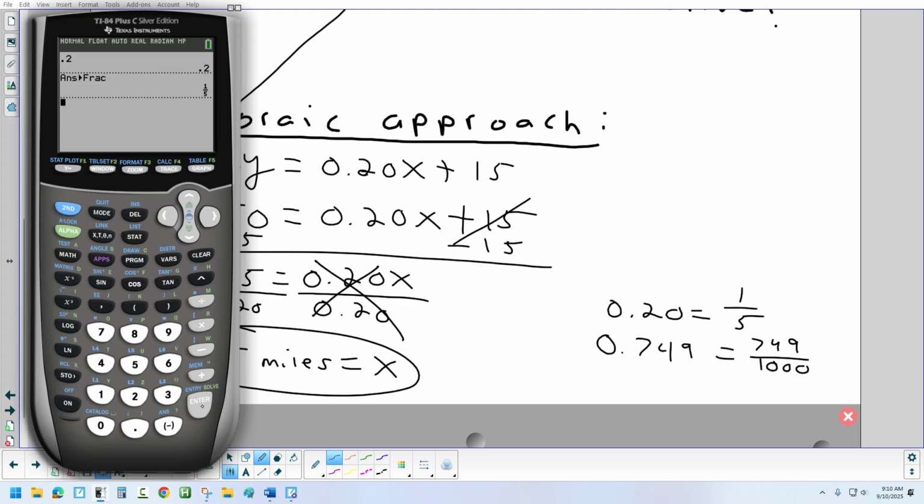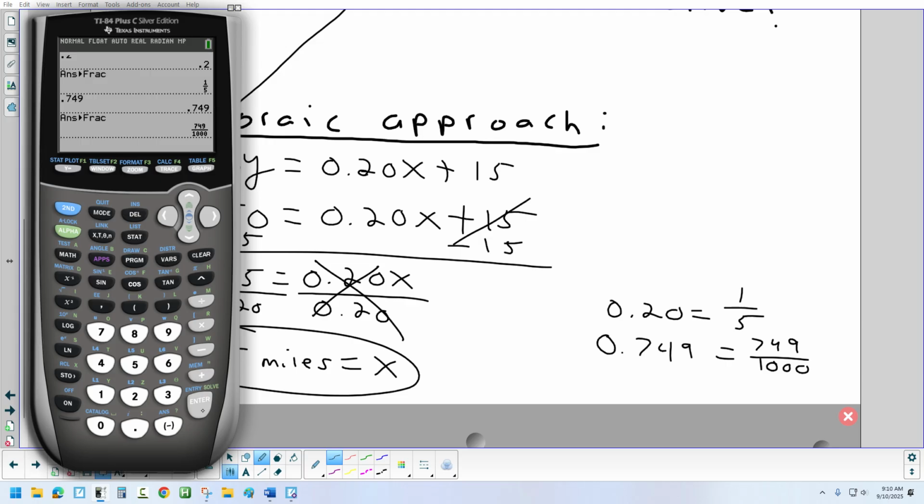So I don't know if you can see it, but it says 1/5. It just changed it to a fraction. I could do 0.749. Again, it'll change it to a fraction. 749 over 1,000.